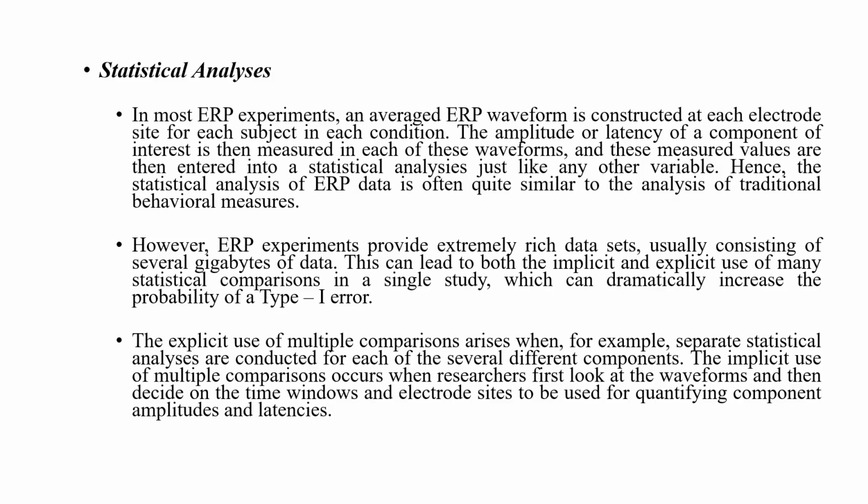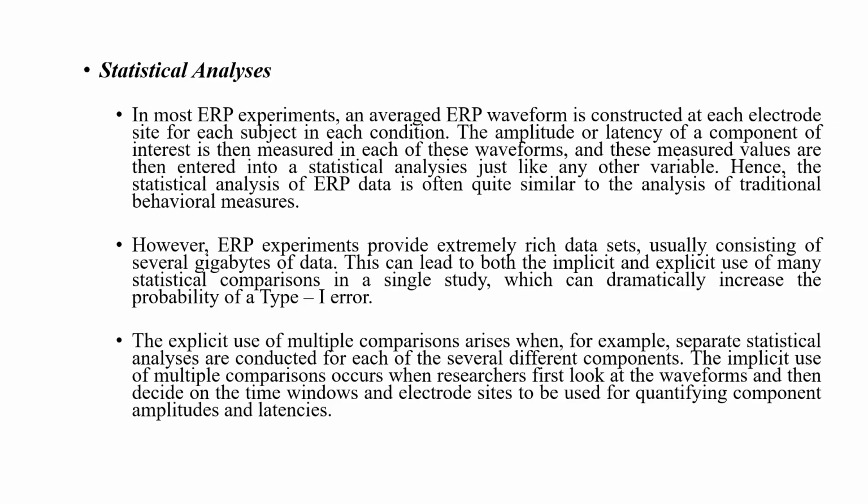Hence, the statistical analysis of ERP data is often quite similar to the analysis of other traditional behavioral measures. However, ERP experiments provide extremely rich data sets, usually consisting of several gigabytes of data, which can lead to both implicit and explicit use of many statistical comparisons.